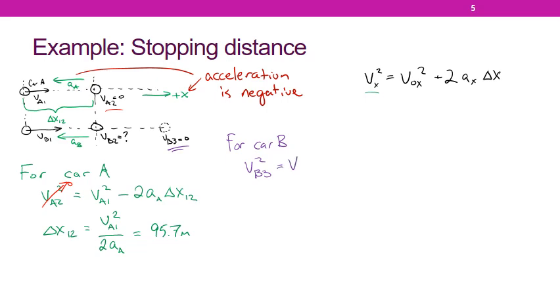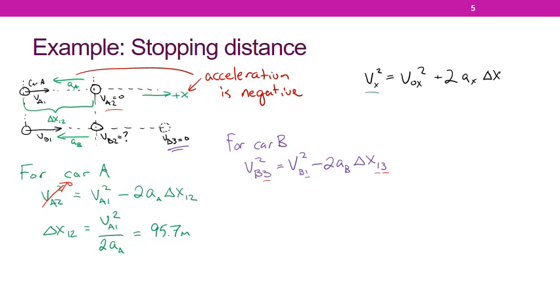And that then is my velocity squared at position 1 plus 2 times my acceleration. So my acceleration is minus the acceleration B. Now delta x13. You'll notice that the subscripts always have to match. So my final has to match my final, and my initial has to match my initial.